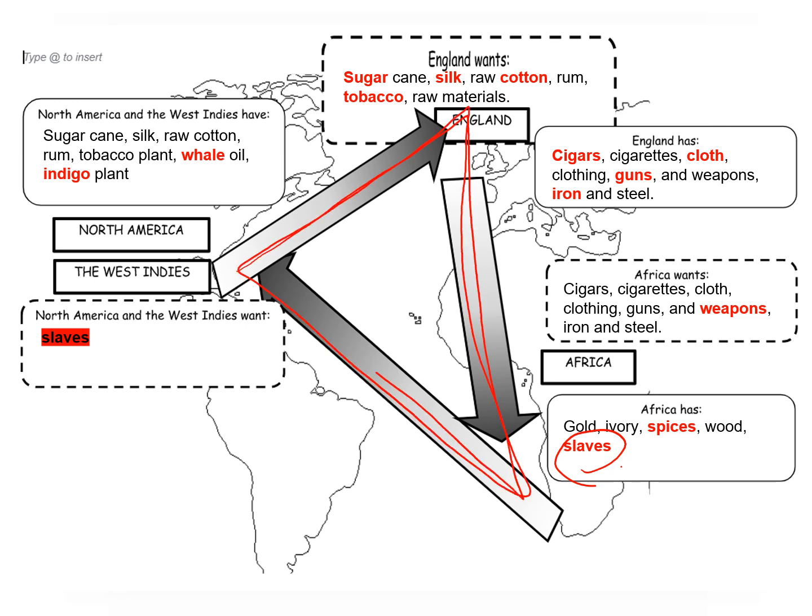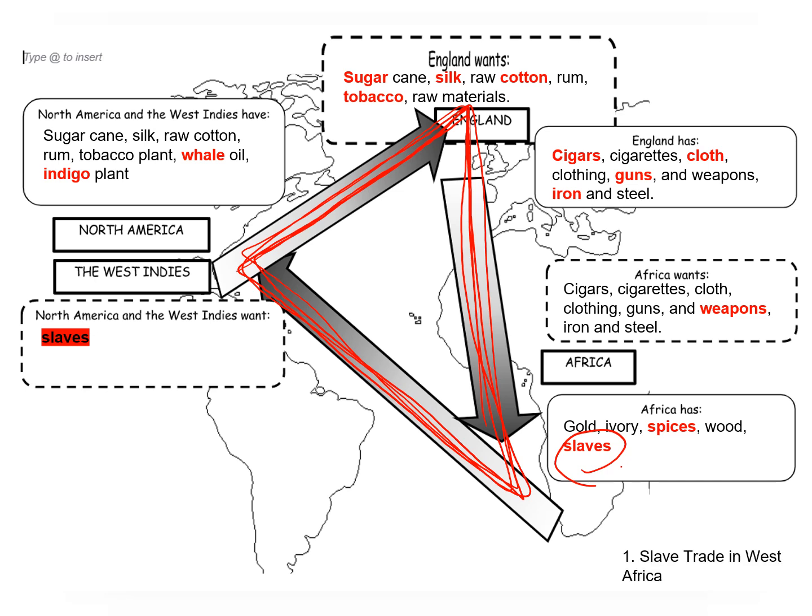You just keep replenishing those slaves to make all these products that England takes and makes into manufactured goods, and they just keep selling, and everybody is making a lot of money based on slave labor. Okay? And that is the triangular trade route for the most part.